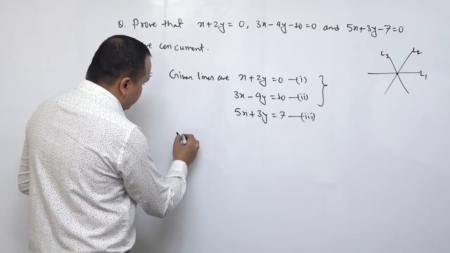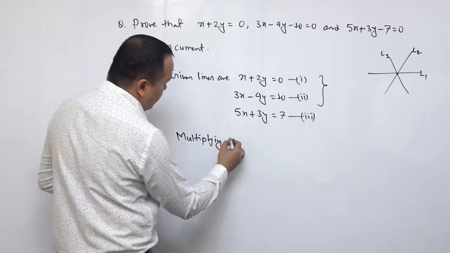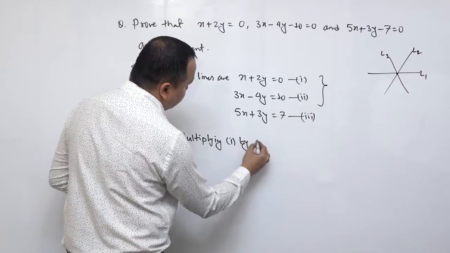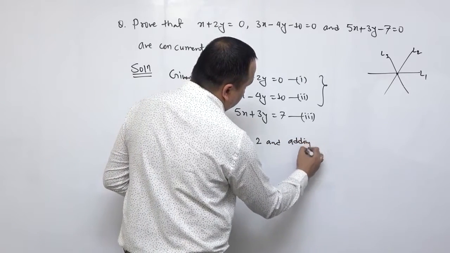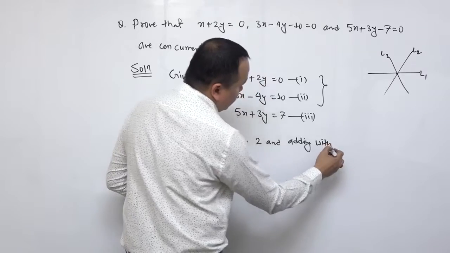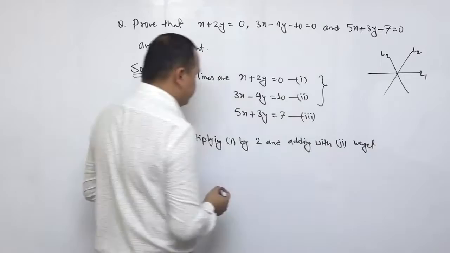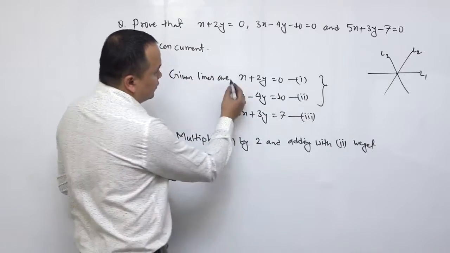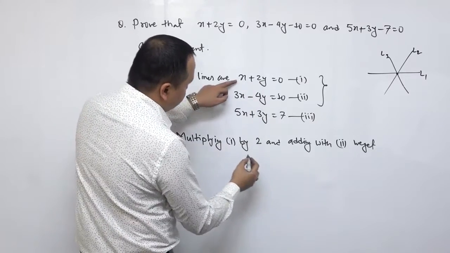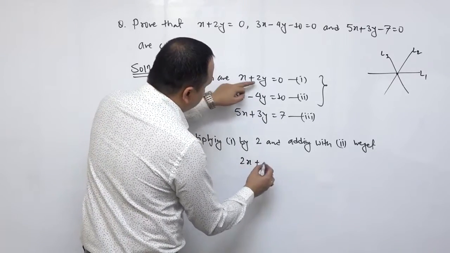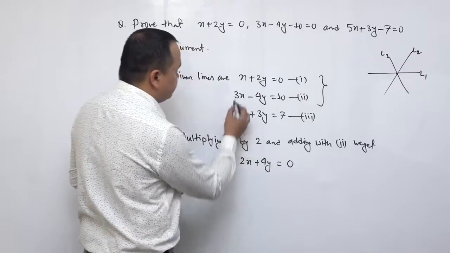So multiplying I by 2 and adding with II, we get 2x plus 4y is 2 into 0, 0.